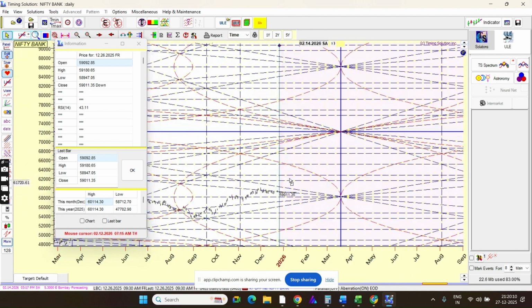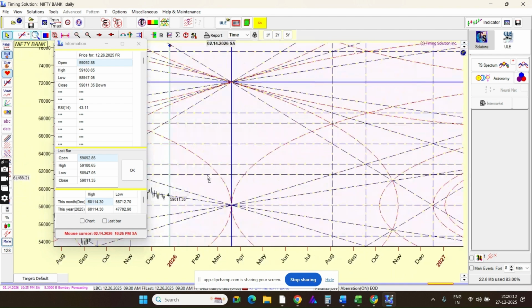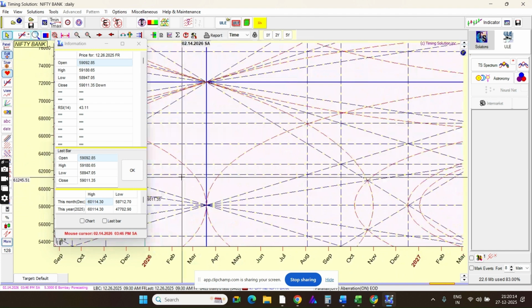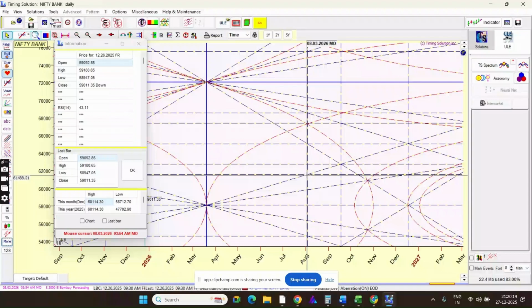Now as we move ahead, we have a time and price cluster here coming in at 3rd August, and the level to be watched here is 61,500. If we are moving along the 1 by 2 angle, the same could be 59,750 or 800.